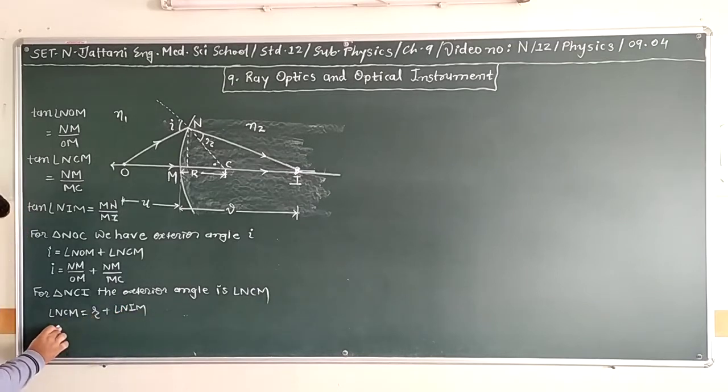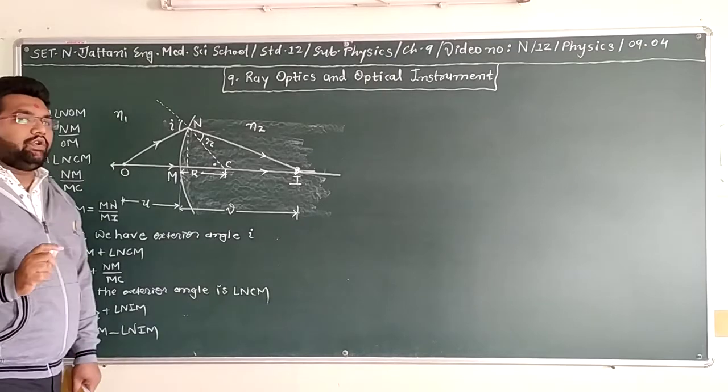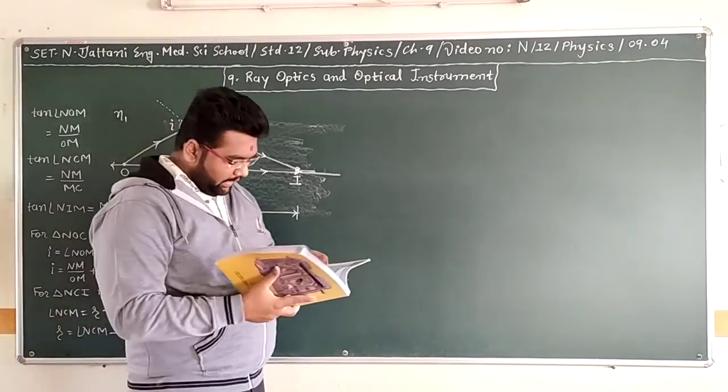So we can write r is equal to angle NCM minus angle NIM.